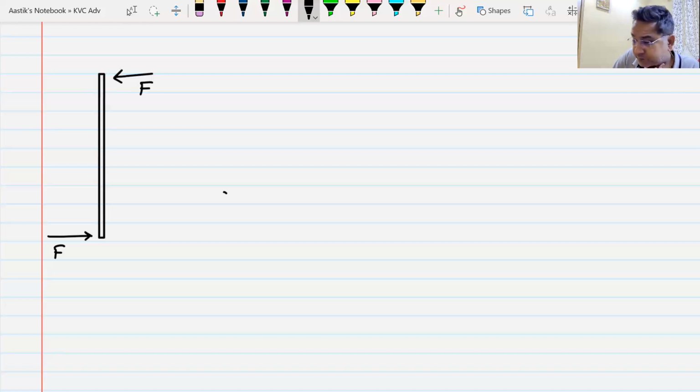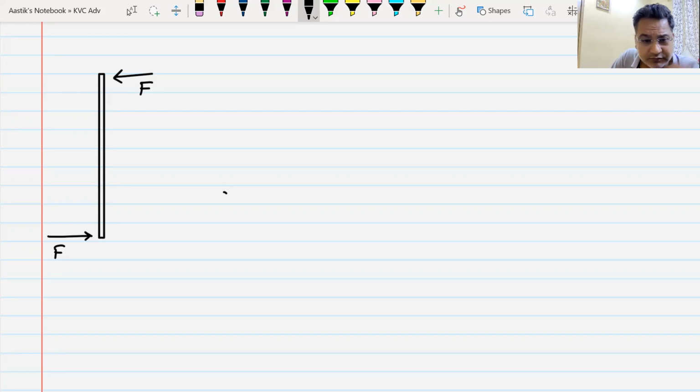Here the net force is 0. As you can see, there is no net force on the system because both these forces are cancelling out each other. Therefore, your linear momentum is conserved.